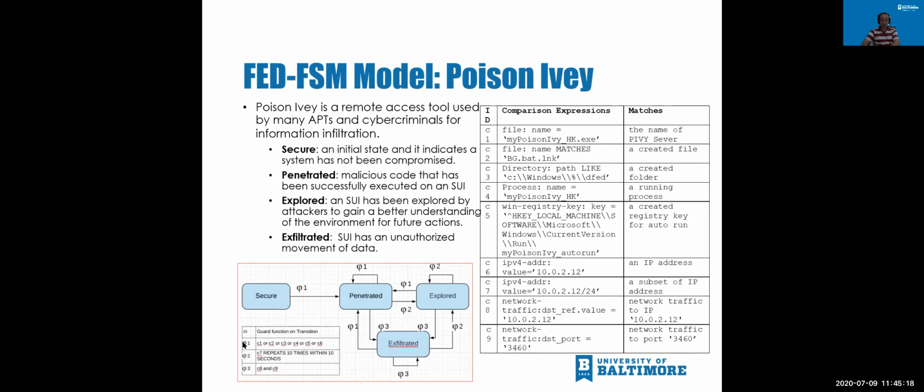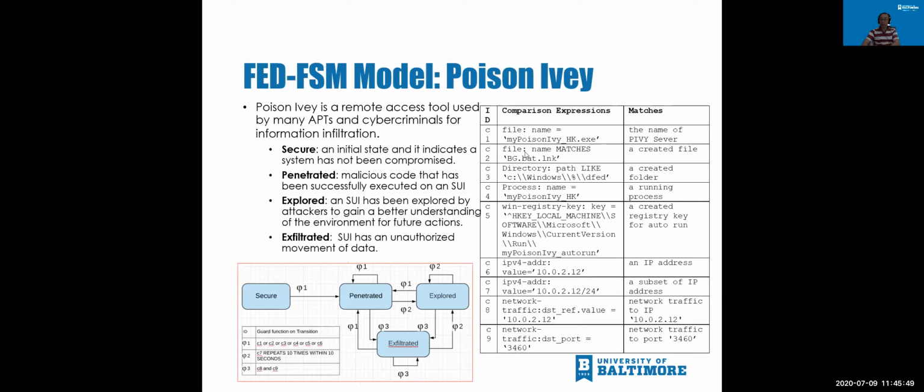Each of those has a lot of guarded functions, a combination of comparison expressions. So let's take a look at those. Here I list 9 comparison expressions. For example, the first one indicates the name of the Poison Ivy server, that is, the executable file.